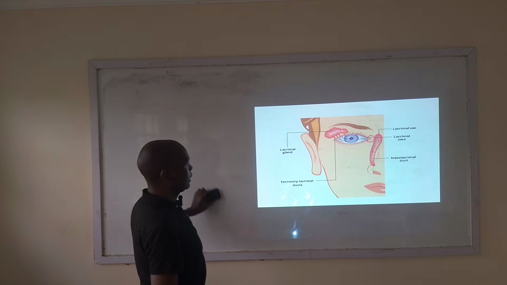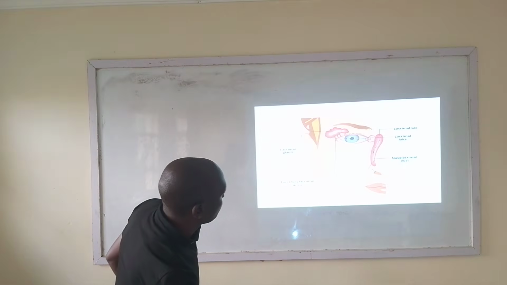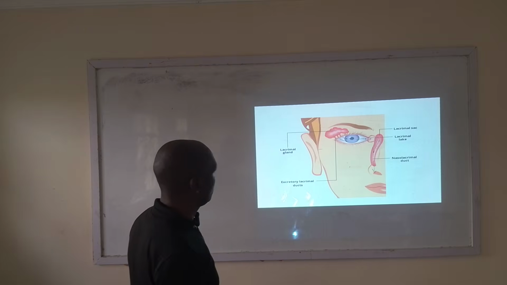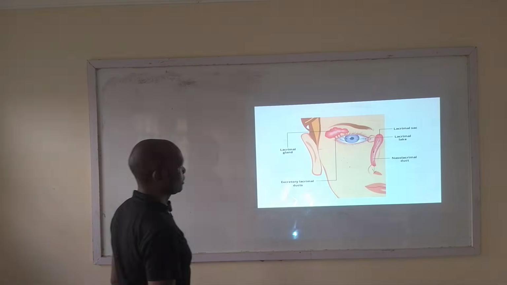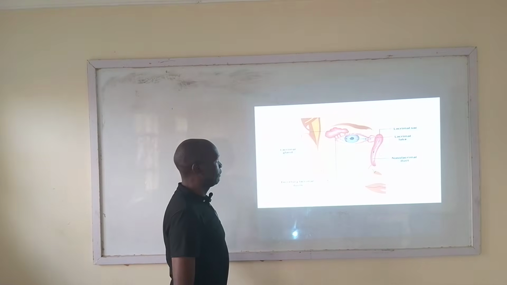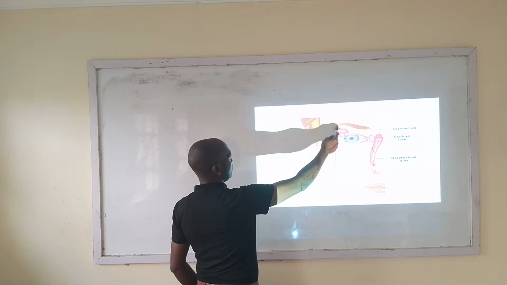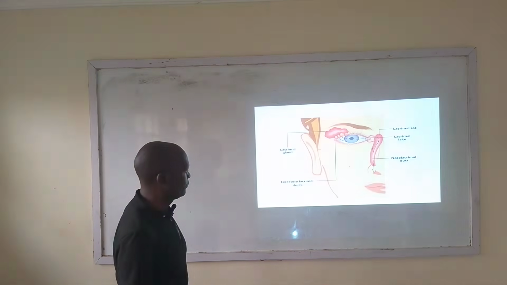So this diagram is a sort of repetition of what we have already illustrated in terms of production and flow of tears. This is the lacrimal gland, as you can see.